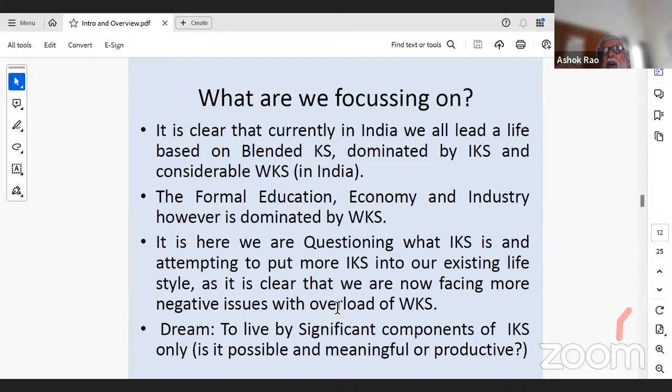Western knowledge system is impressive. It gives quick returns, quick answers, but it's not sustainable. For example, one of the biggest problems we are going to face is a crisis with the antibiotics, which in another 10 years will be so bad, so acute that it will be worse than COVID.